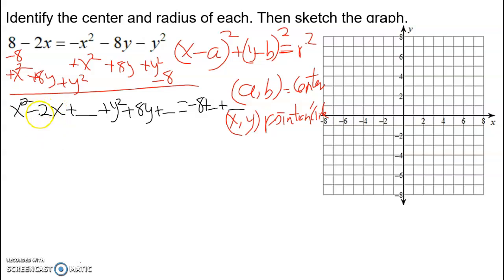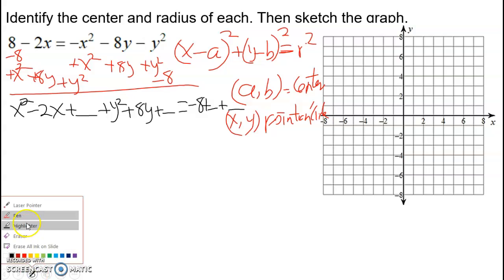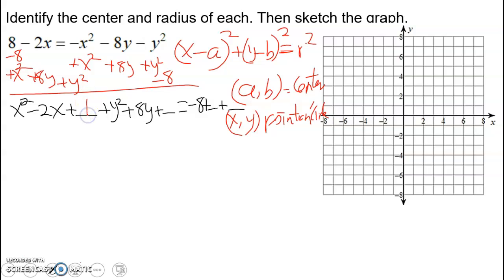And now we are going to find 1/2 of the linear coefficient, the one without the square. 1/2 of negative 2 is negative 1. So negative 1 squared is 1. And then we're going to add that 1 here too.